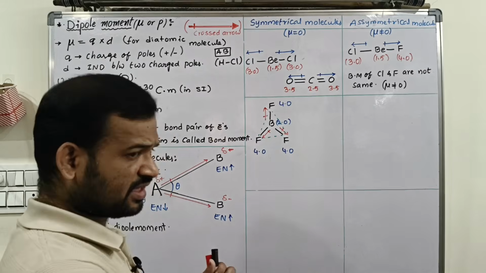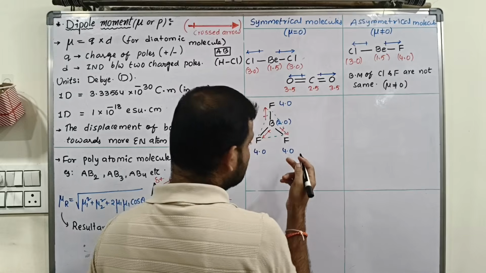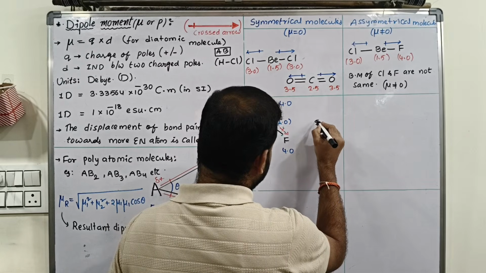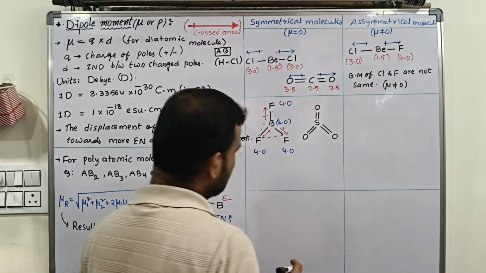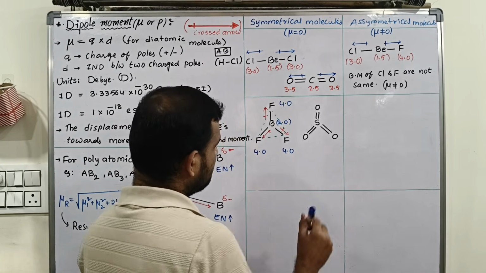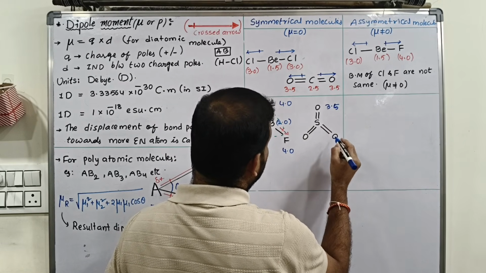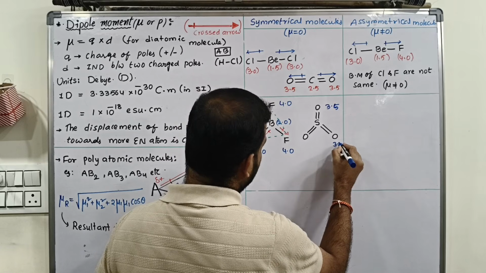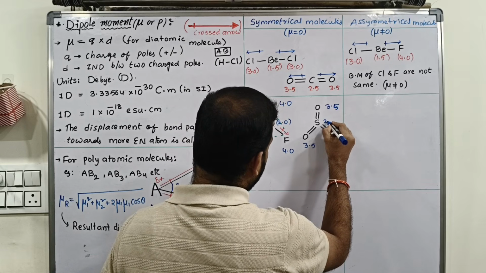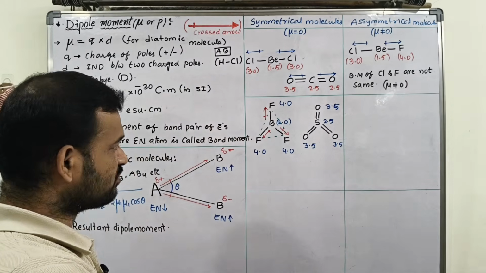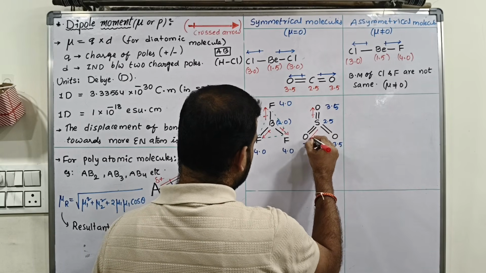Like that, if you take SO3, sulfur trioxide, the hybridization is also sp2, and it also has a trigonal planar shape. Here oxygen electronegativity is 3.5, and sulfur electronegativity is 2.5, so oxygen has more electronegativity and the bond moment is towards oxygen.